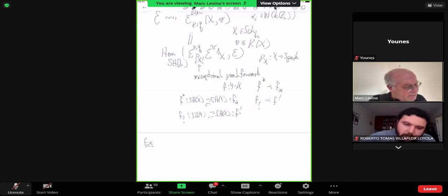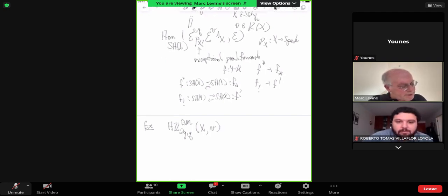In the geometric case, if you take HZ, again, the geometric part would be like 2Q, Q, Borel-Moore of X, twisted by some vector bundle V. What is this?